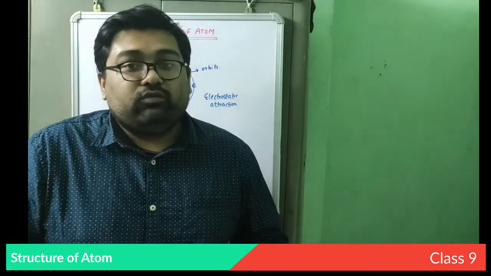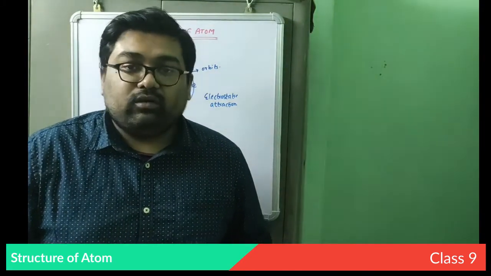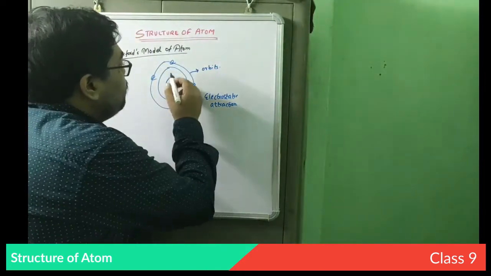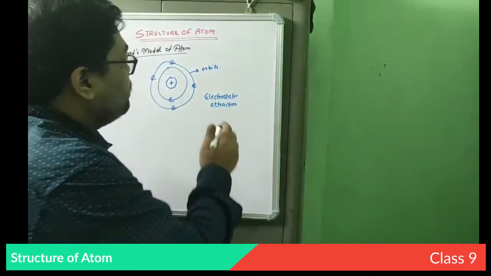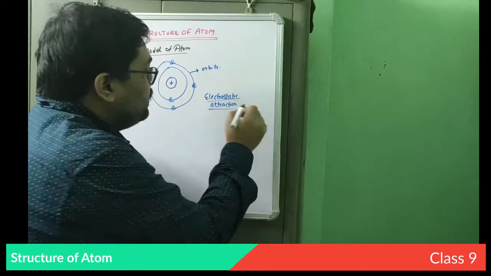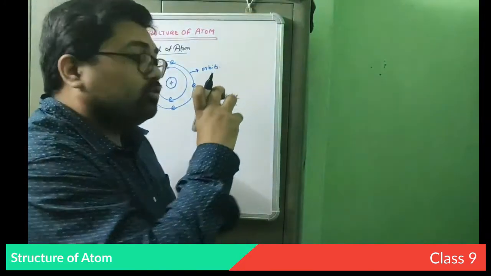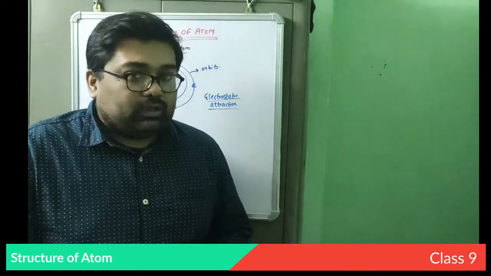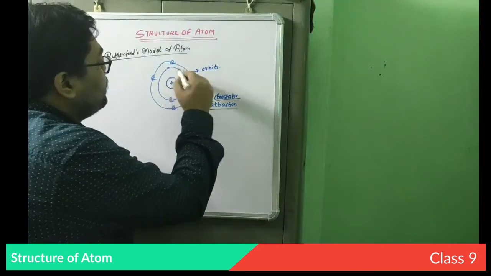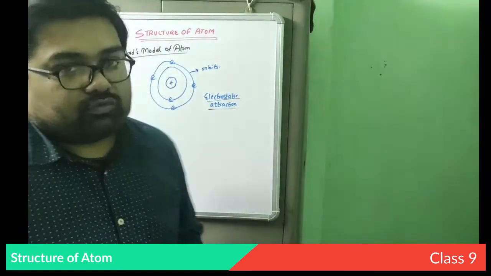We all know that positive and negative charges attract each other, and due to these two different charges, there exists a type of electrostatic attraction that holds the electrons together inside the atom. Okay, and these circular paths he termed as orbits, which I have told.